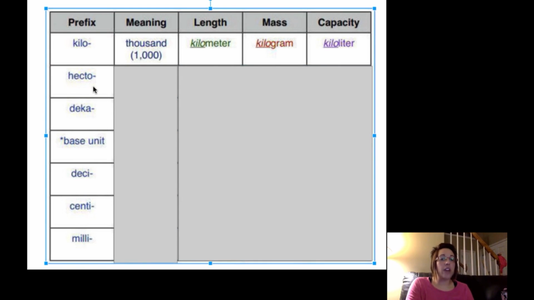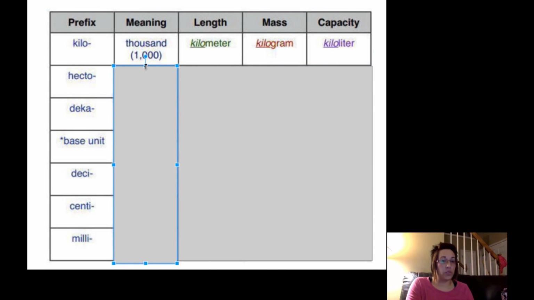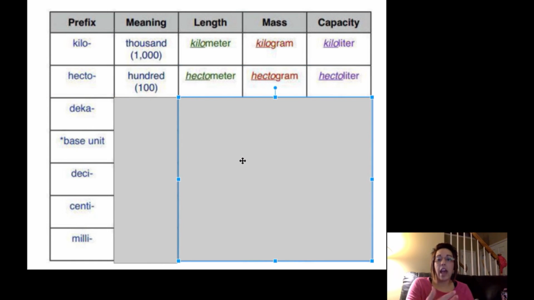The next one is not so widely used in the United States. We don't hear of hecto very often, but it means 100. So the length would be a hectometer. Mass would be a hectogram, so it would be 100 grams, or a hectoliter.